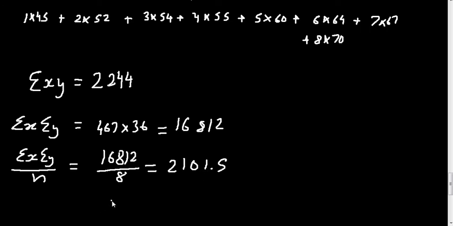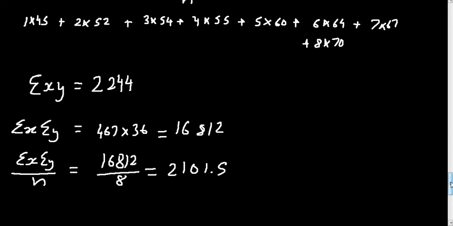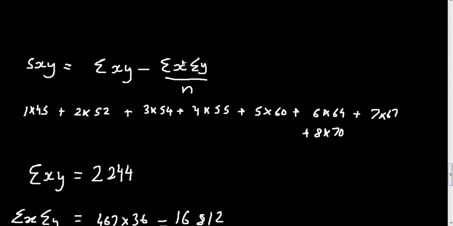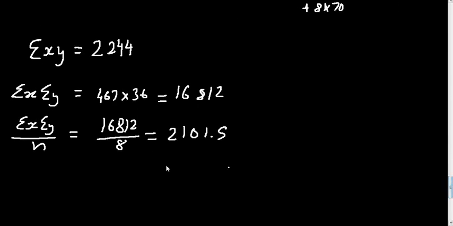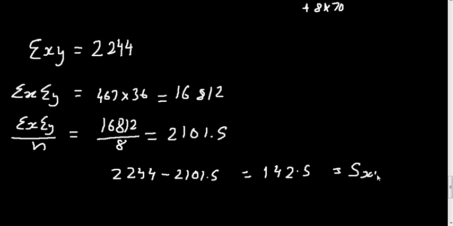We have to do one more thing: I have got to subtract this from my sum of xy's. So that's 2244 minus 2101.5. I get 142.5. That is our sxy term.